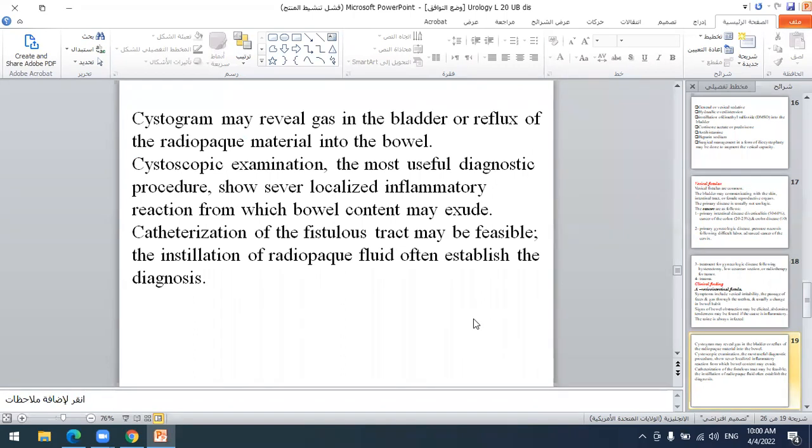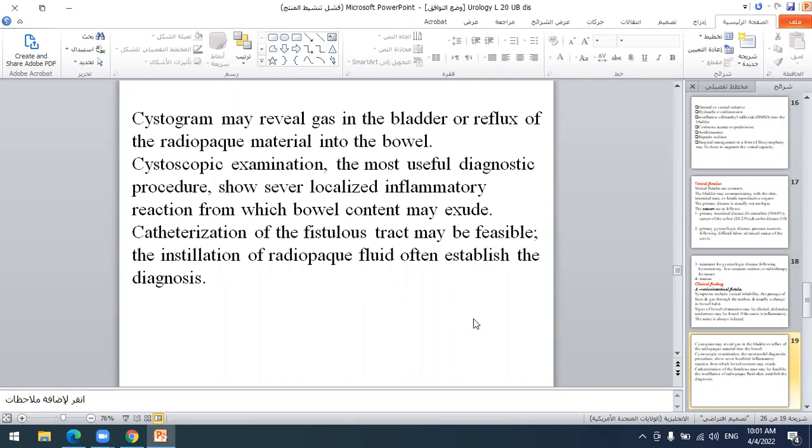This gives a hint about the presence of a vesicointestinal fistula. And cystoscopic examination, the most useful diagnostic procedure, shows a severe localized inflammatory reaction from which bowel contents may exude.